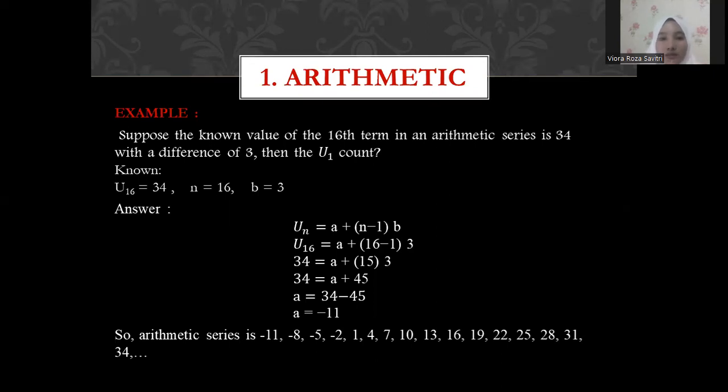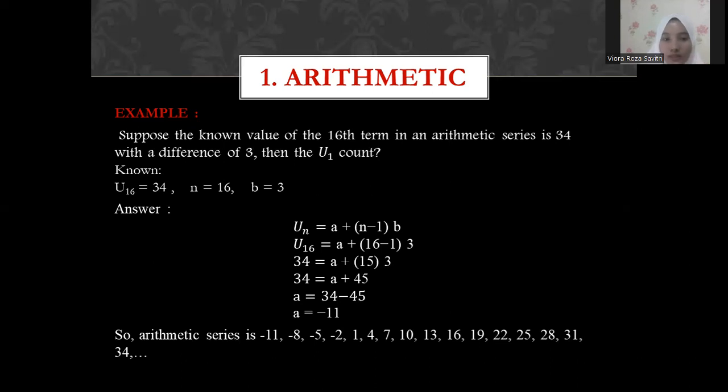And then 34 is equal to a plus 15 times 3, so 34 is equal to a plus 45. And then a is equal to 34 minus 45, and then a is equal to minus 11.